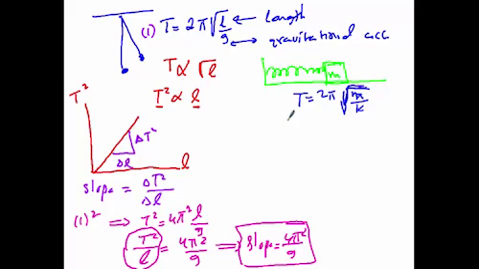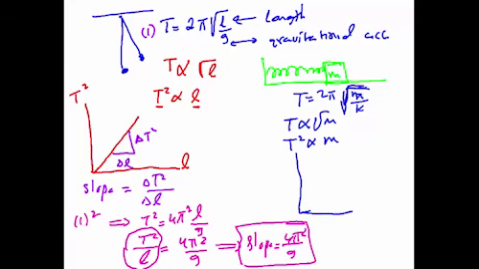So from here also one can get that this time period depends only on the mass if we have the same spring. So T square is proportional to m.